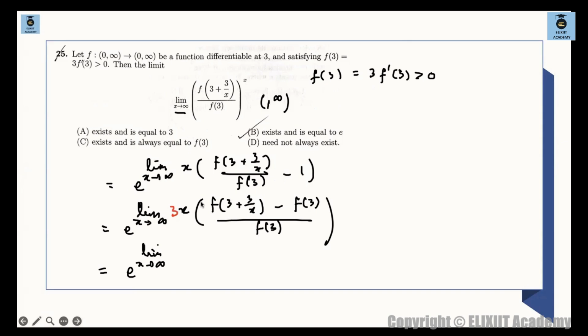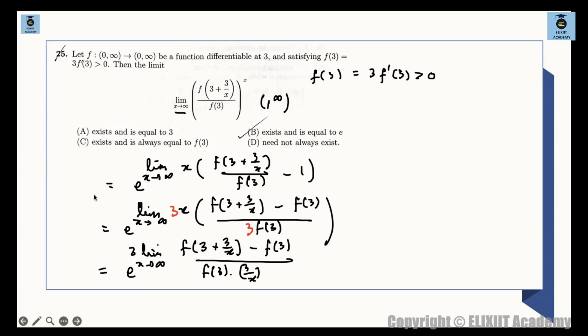Can you see that we are getting f of (3 plus 3 by x) minus f of 3, divided by f of 3, and bring this x down, so we have 3 by x. And one more 3 is remaining outside.